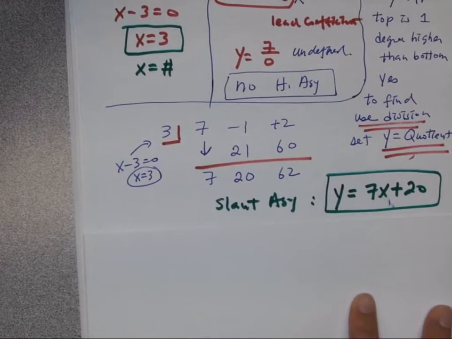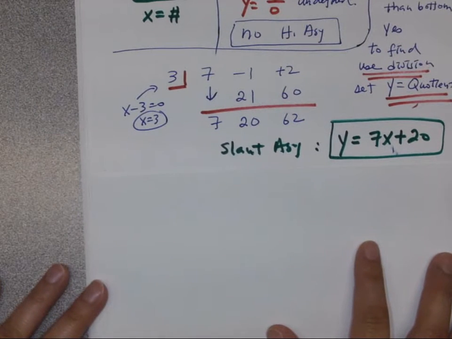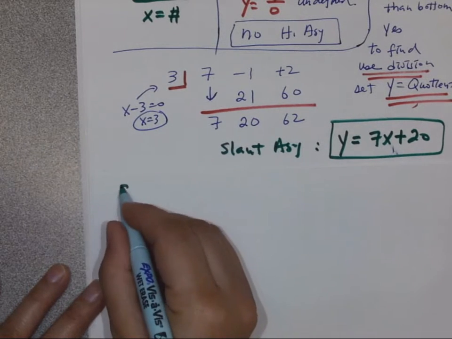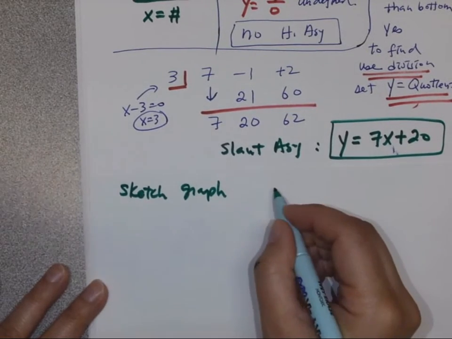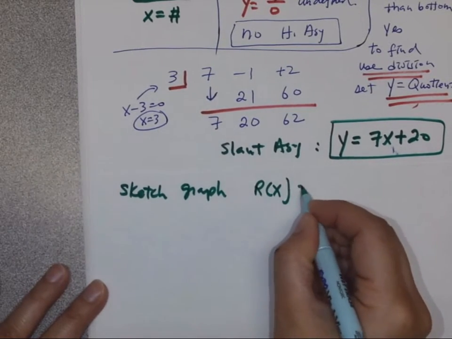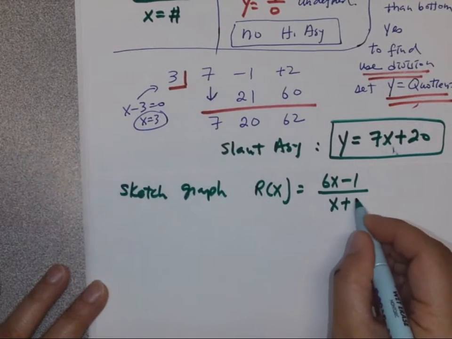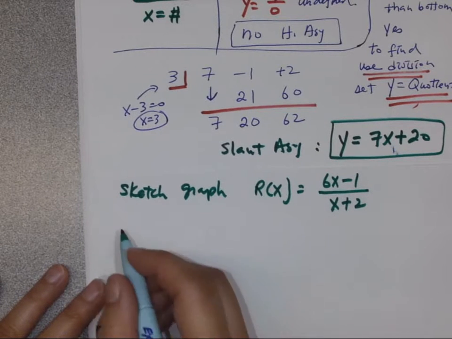If no question, we're going to move on to the next question, which will actually graph a rational function. The next question says they want to sketch the graph for r of x equal to (6x minus 1) over (x plus 2). They want you to find all the intercepts.